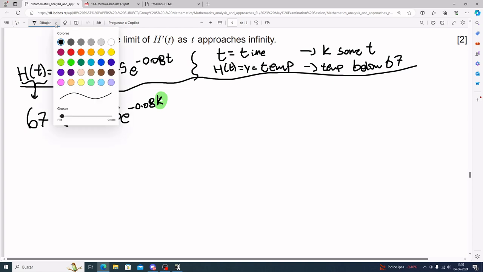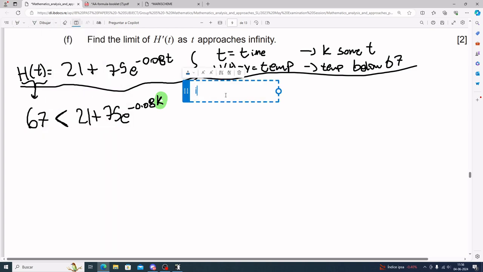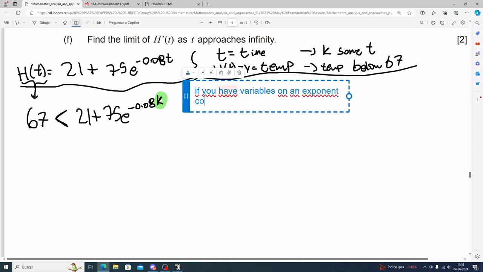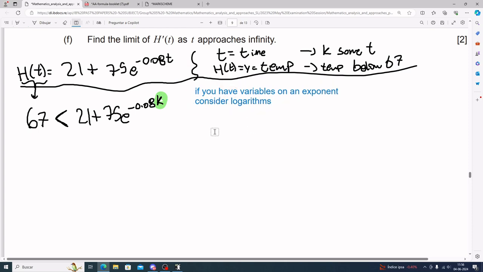But, spoilers, if you have variables on an exponent, consider logarithms. Logarithms have an incredibly useful property, and it's the main reason you use them in the wild: they let you get rid of variables on an exponent.